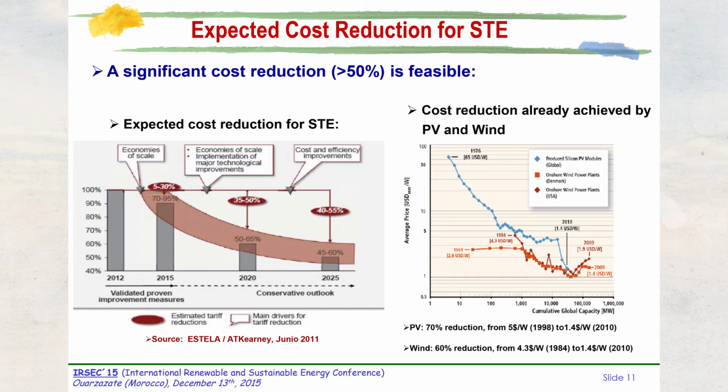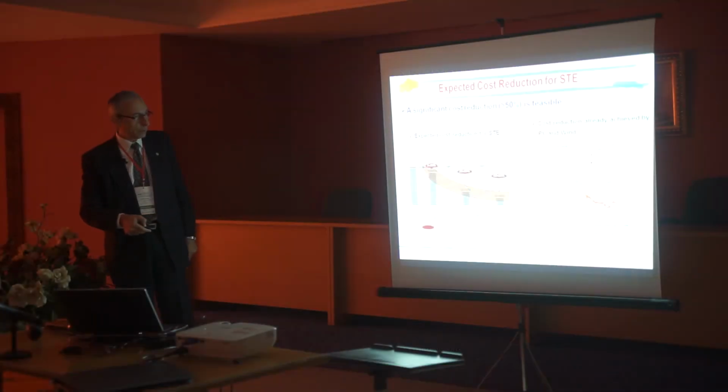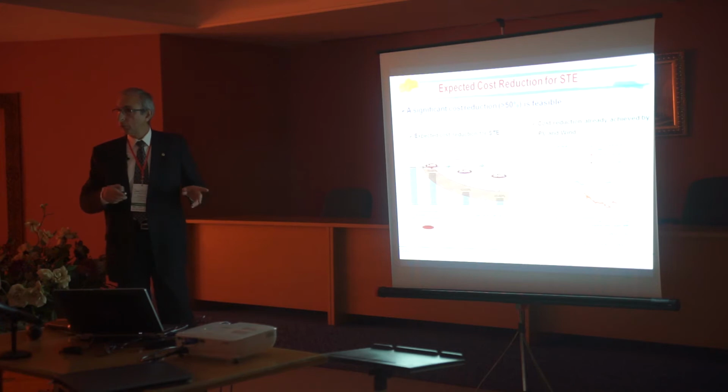If we compare this cost reduction with the cost reduction already achieved by PV or wind, we see that it is even lower. Here you have a graphic showing the cost reduction achieved by PV and wind when the total installed power was 10 gigawatts. In 2010, we already had 10 gigawatts worldwide of PV plants, and the cost reduction was 70% from 1988.